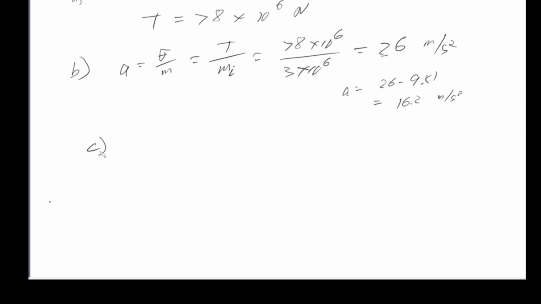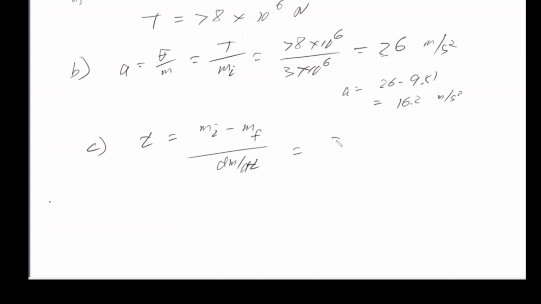The next part is, what time does the fuel totally burn out? Well, the time of fuel burnout is the burning of the total mass of fuel, which would be mass initial minus mass final, over dm dt.